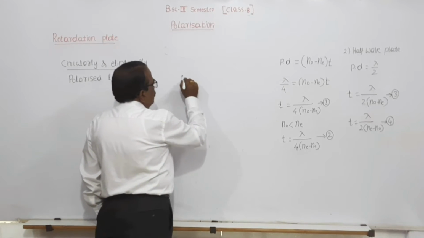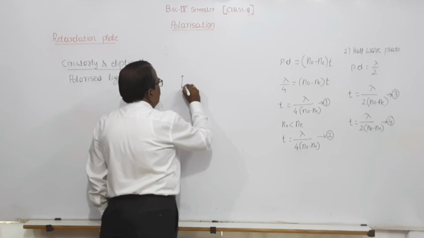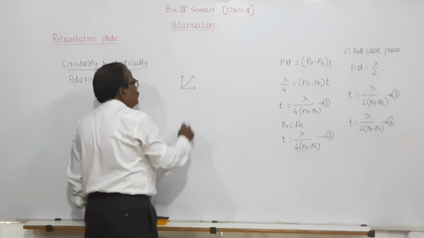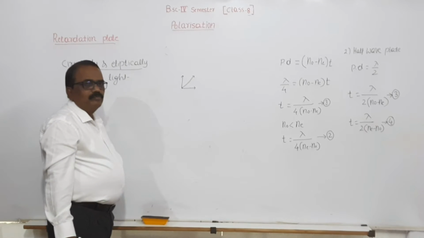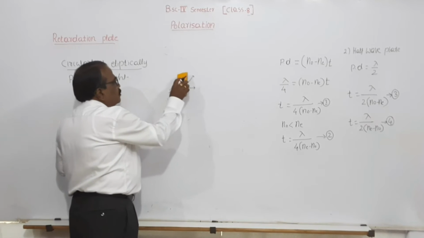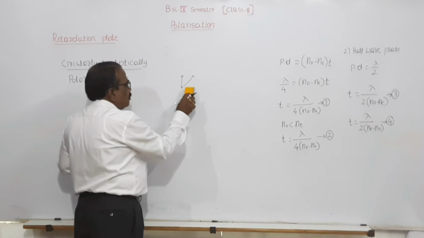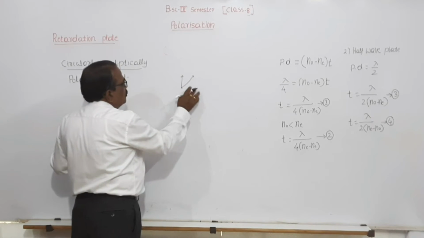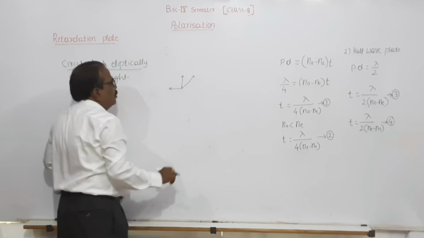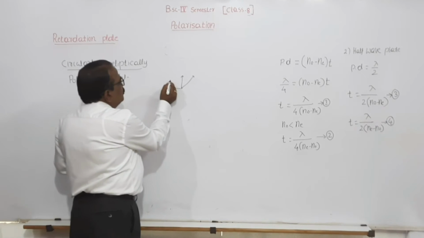If they are superposed, their resultant is in this direction. Then if this reverses direction, now the resultant of this is in this direction.